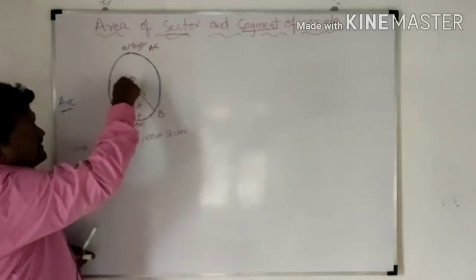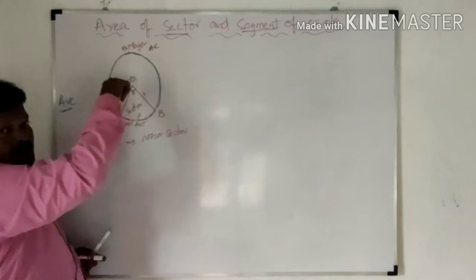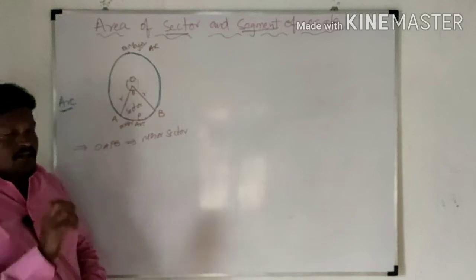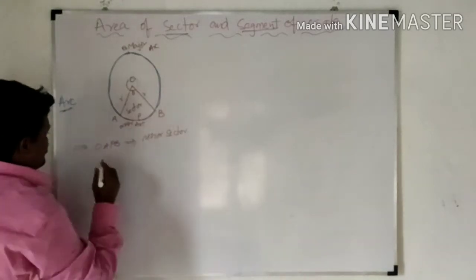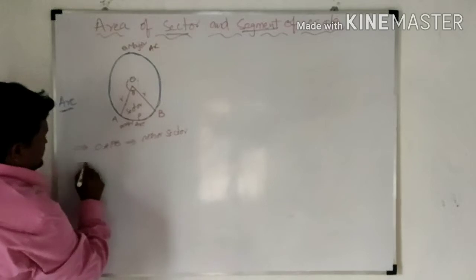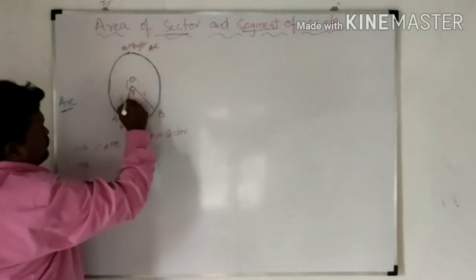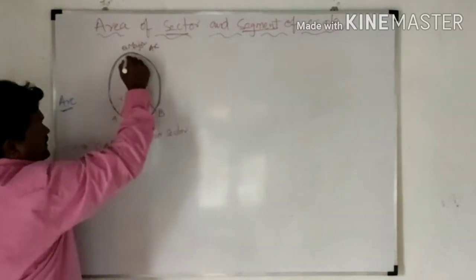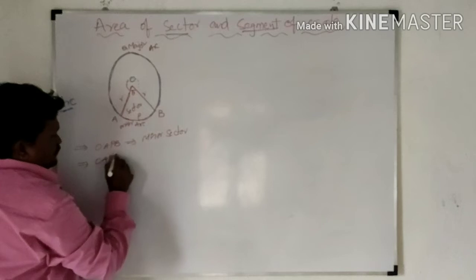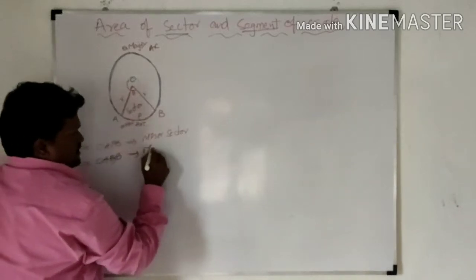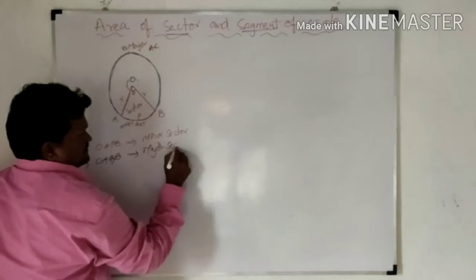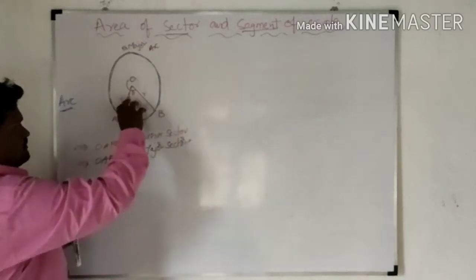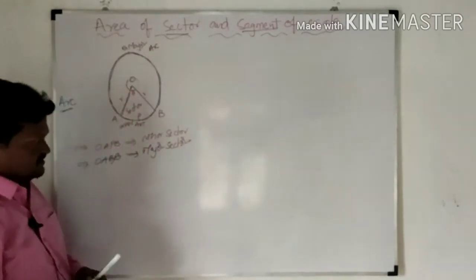And with the same radii, if it is formed by the corresponding major arc, then that is said to be a major sector. Okay, see here, the major sector is OAQB. I hope that you understand. This is the minor sector and this is the major sector.